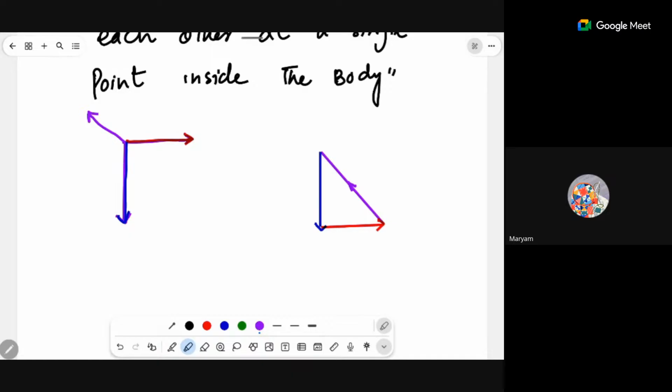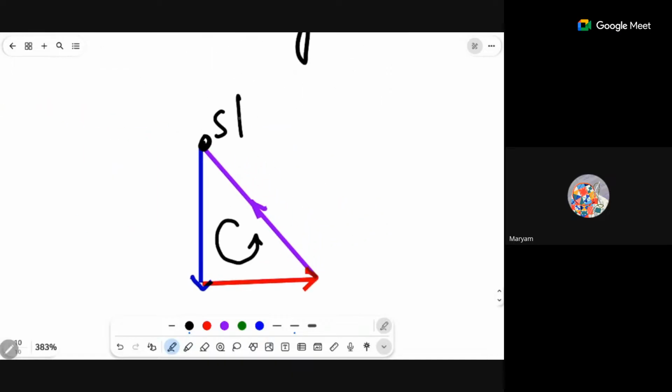So don't you think that this is a closed vector triangle? You have started right from here. This is your starting point, and you reach this point. Then you have connected the tail of the next vector to the head of the first one.